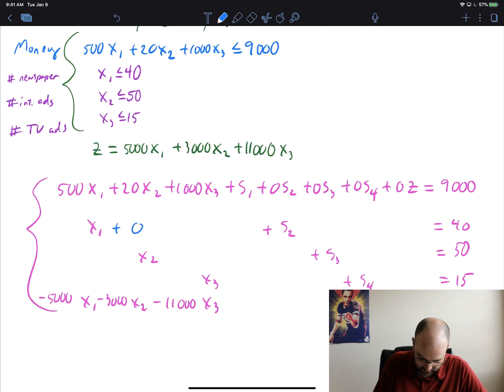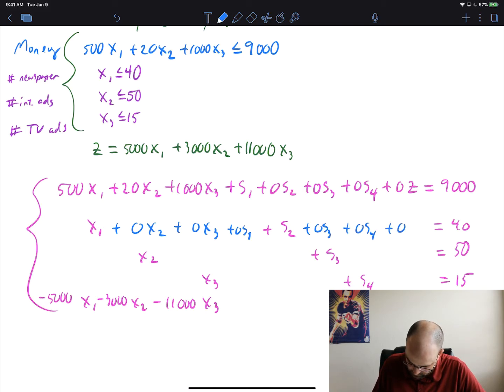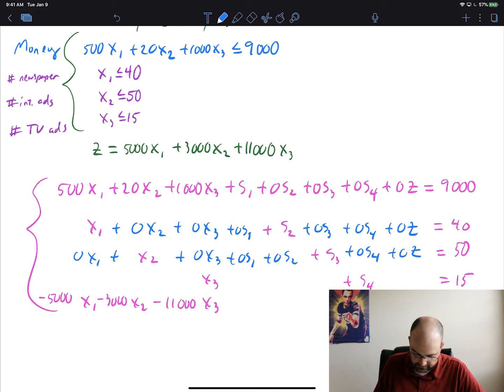Plus 0 x2 plus 0 x3 plus 0 S1 plus 0 S3 plus 0 S4 plus 0 Z, and then 0 X1 plus the X2 plus 0 X3 plus 0 S1 plus 0 S2 plus the S3 plus 0 S4 plus 0 Z is equal to 50.